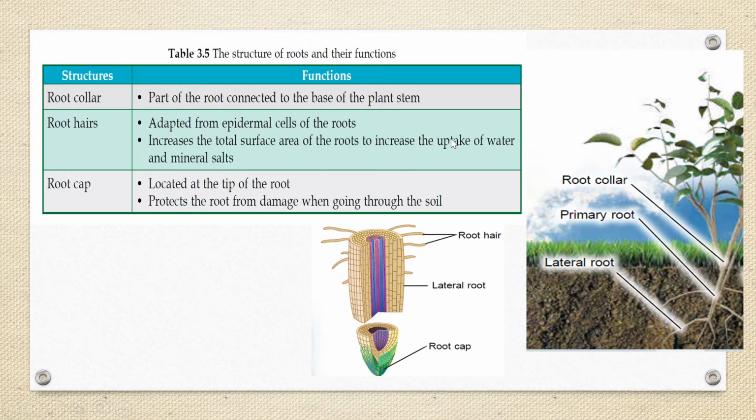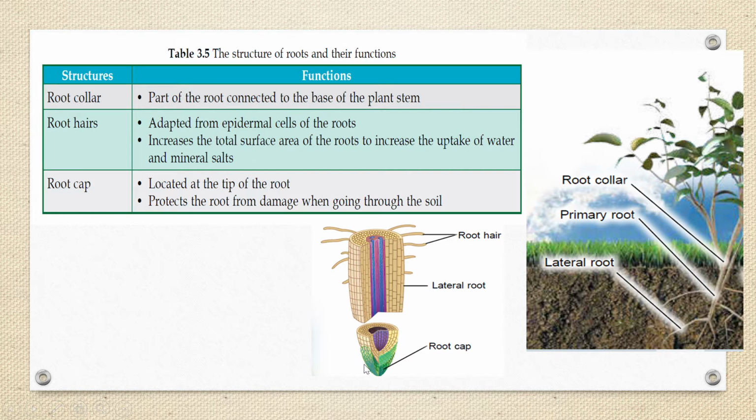So to increase the uptake of water and mineral salts, they need a big total surface area. So by having an extended manner like this, the total surface area of the roots can be increased. And that is the reason why.